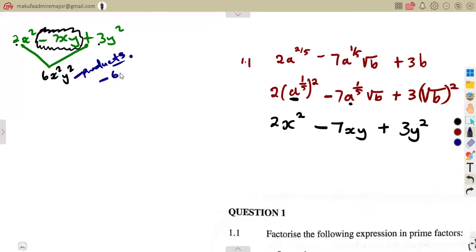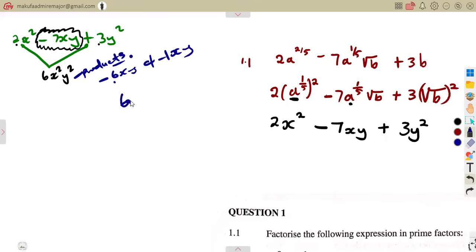So you think of a negative 6xy and a negative xy. Why are you thinking of a negative? Because the sum, if you add, must be negative 7. Minus 6 minus 1, that is minus 7. If you multiply minus 6 and minus 1, what do you get? A positive 6.